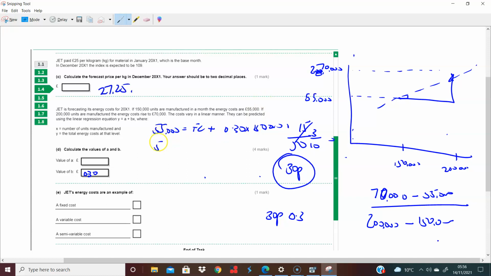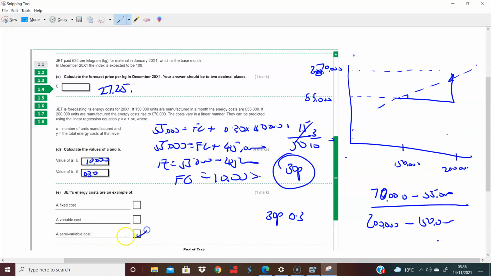So 55,000 equals fixed costs plus 45,000, and therefore fixed costs equal 55,000 minus 45,000, which is 10,000. Great stuff. So this is an example of a semi-variable cost.